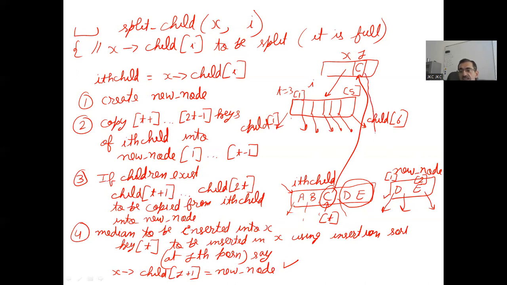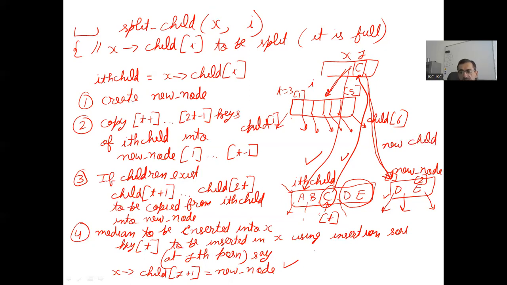So this link will come to this node. I repeat, this pointer was already here and was already okay, and this is the new pointer, the new child.